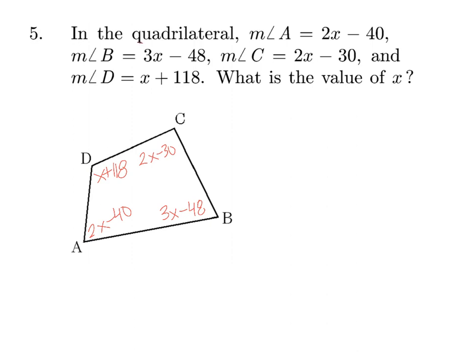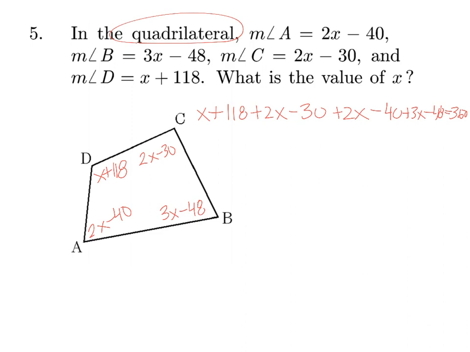Alright, since this is a quadrilateral, what do all the angles add up to? They all add up to 360. So let's add all of these expressions up, set equal to 360. Alright, you got x, 2x, 2x, 3x. So you have 8x.